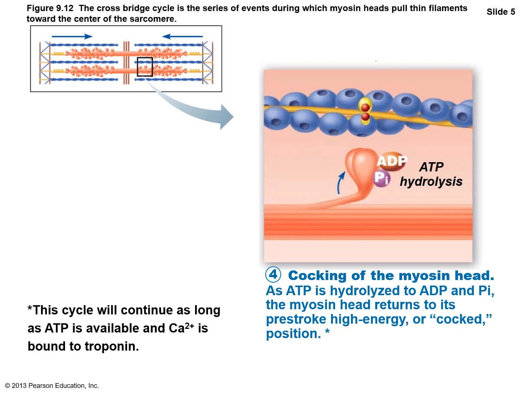Cocking of the myosin head is the fourth step, and it occurs as the result of hydrolysis of ATP into ADP and inorganic phosphate. This causes the myosin head to return to its high energy conformation, or that cocked position.